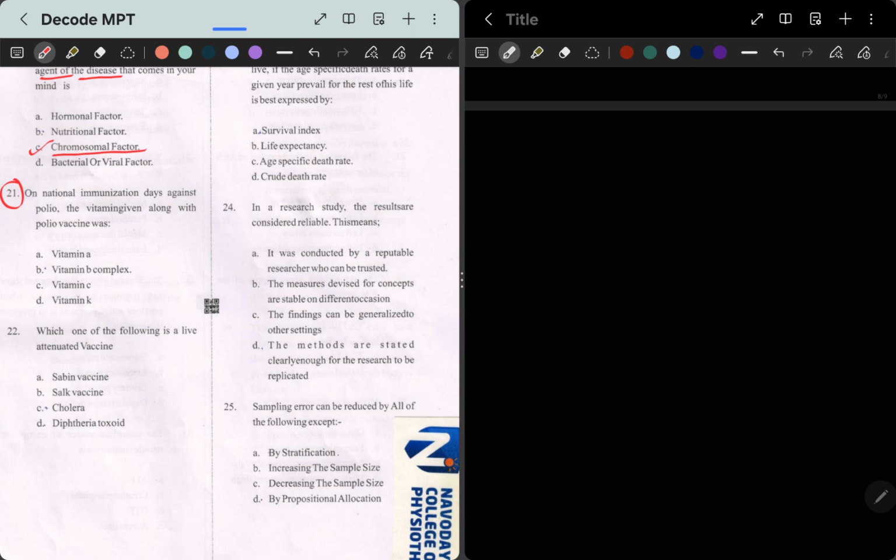Next question: on National Immunization Days against polio, the vitamin given along with the polio vaccine.